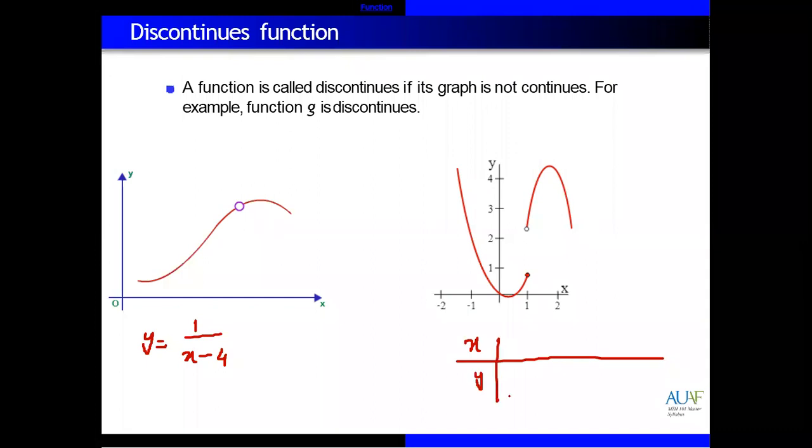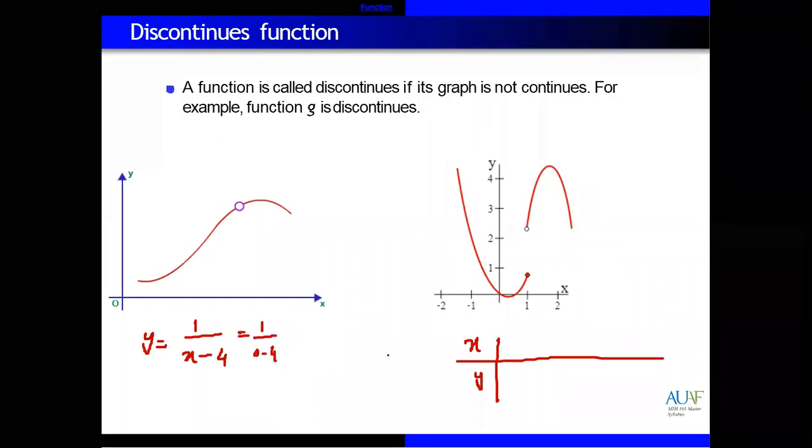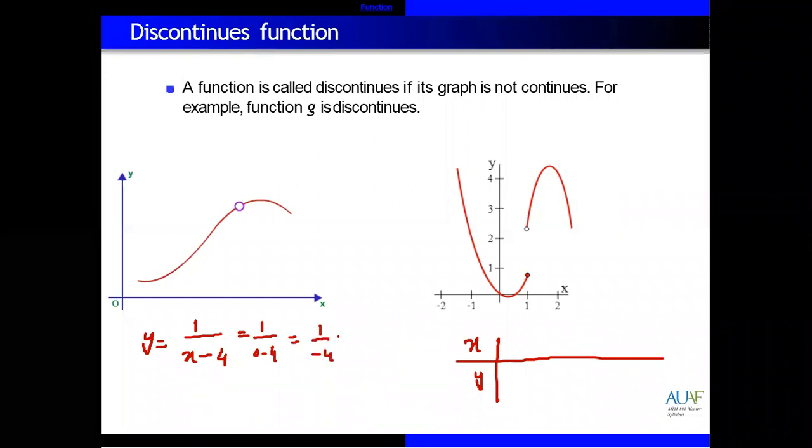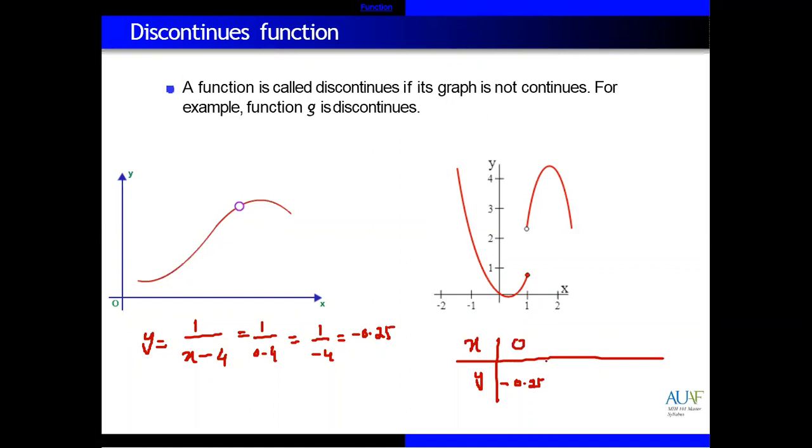Starting from 0, 1 over 0 minus 4 is 1 over minus 4, which is minus 0.25. So x is 0, y is minus 0.25.